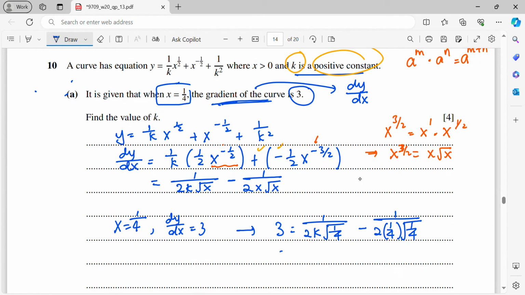Then here I will get 3 equals 1 over 2k. Square root of 1 over 4 is basically 1 over 2. Then minus 1 over 2 times 1 over 4. Then square root of 1 over 4 is again 1 over 2. Then from here I will simplify. The 2 and half cancel.